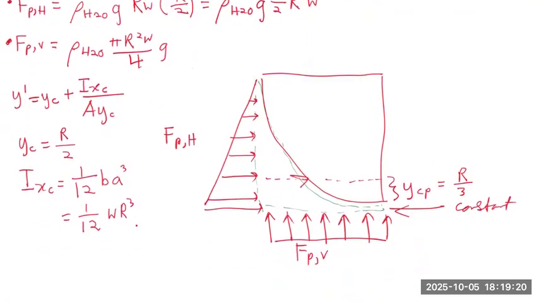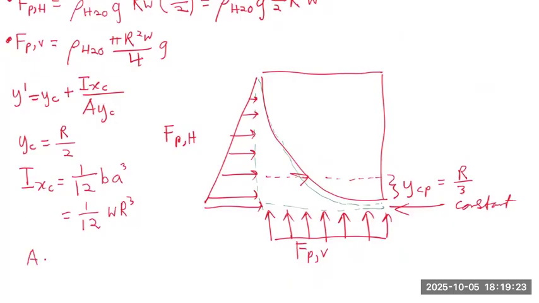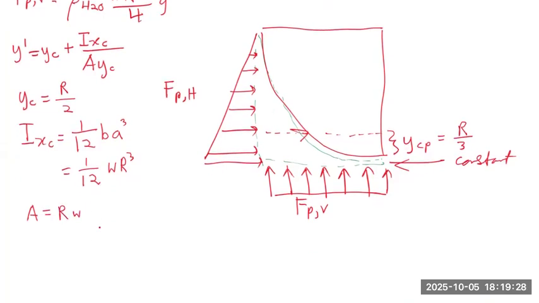What about the area? What is it going to be? Well, the area is the area of the projected area. It's going to be R times W. So this means that Y prime or YCP, the center of pressure, is going to be equal to R over 2 plus 1 over 12 times BA cubed over RW times R over 2.